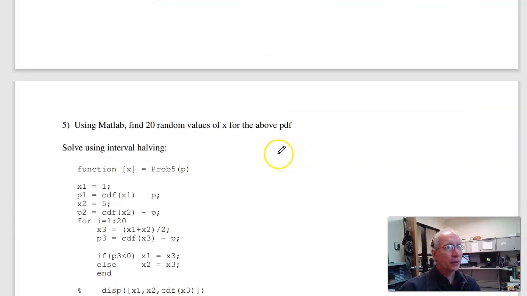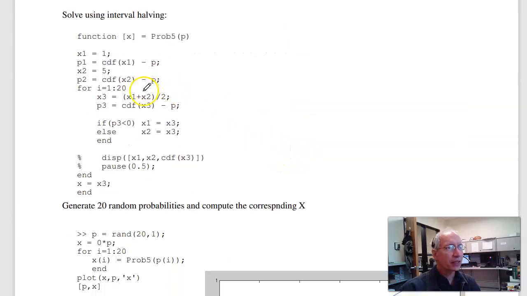To find that point, I do interval halving. My first point is 1, the second point is 5. Keep on taking the midpoint and replace the two endpoints, repeat 20 times, and when I'm done, whatever you wind up with for x3 is what's returned.